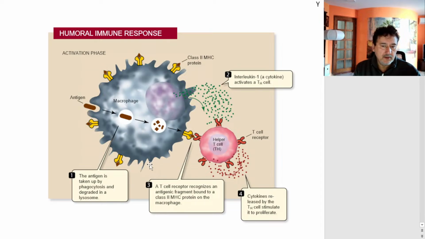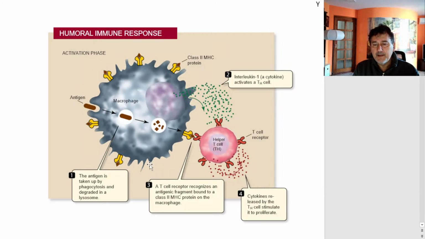One of them is to destroy the bacterial cells, and the other one is to display some antigens of the bacteria on their surfaces. And this display occurs through the MHC system. We will see that there are two classes of them. This is the class 2 MHC system, which is utilized only by the professional antigen presenting cells.